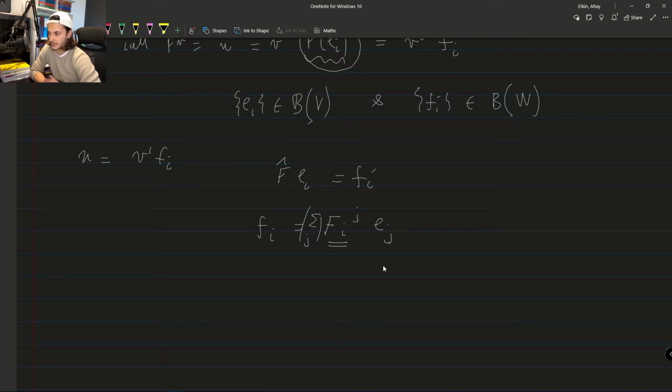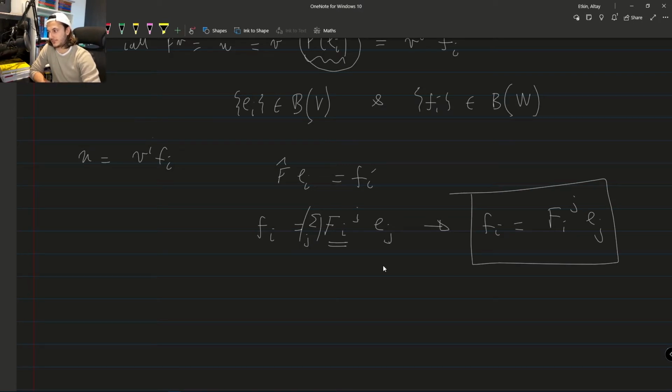And the remaining indices have to match up. And hence, you have f_i equals f_i^j e_j. And this is the representation version of this. So in a sense, f_i^j e_j is f hat e_i, if you like.